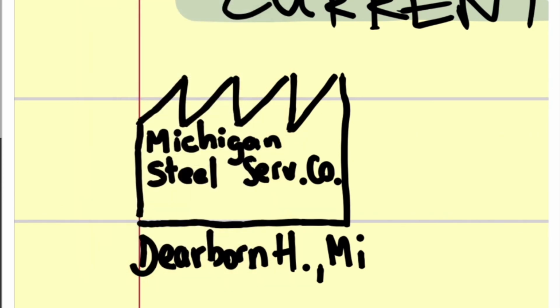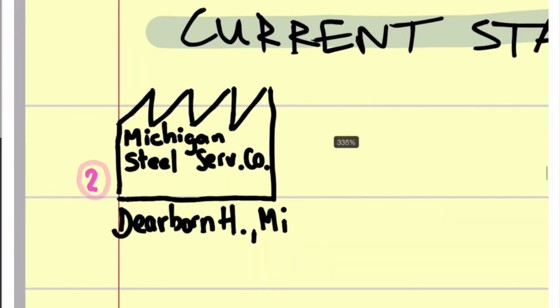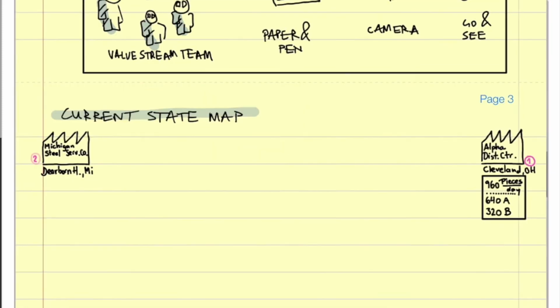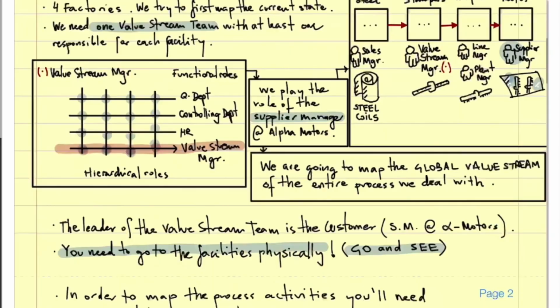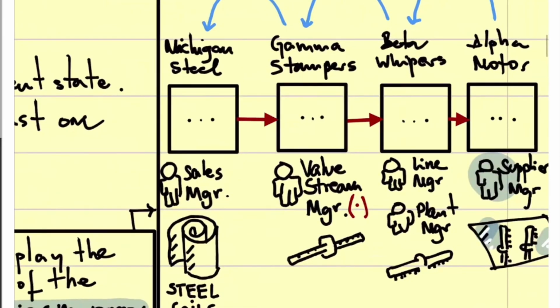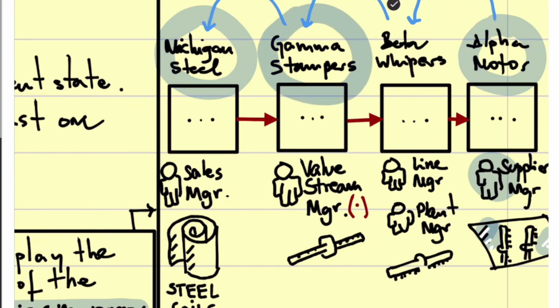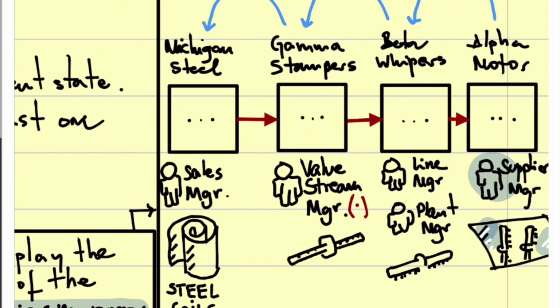If you want me to stop at any step, just let me know. What we're doing is putting what we already have here in a rough manner. We now have Alpha Motors and Michigan Steel, and we're going to get Gamma Stampers and Beta Wipers in place.